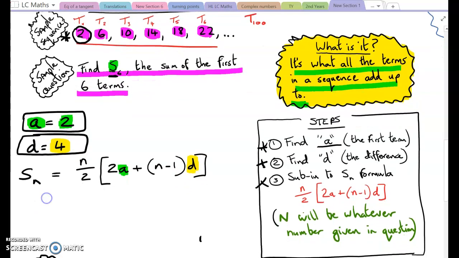And because they're looking for S6, we will eventually sub in 6 for n. But let's first just create the Sn formula. So we leave n as n, just for the time being. Sub in 2 for a, leave n as n, and 4 for d.